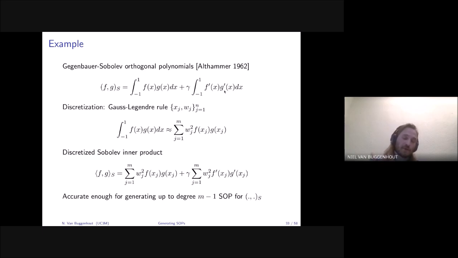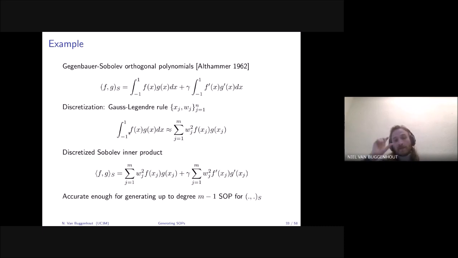And so this very quickly suggests a quadrature rule, the Gauss-Legendre quadrature rule, which discretizes an integral with a Legendre measure accurately up to degree 2m minus 1. So the number of nodes for the Gauss-Legendre rule should be from 1 to m, not n.